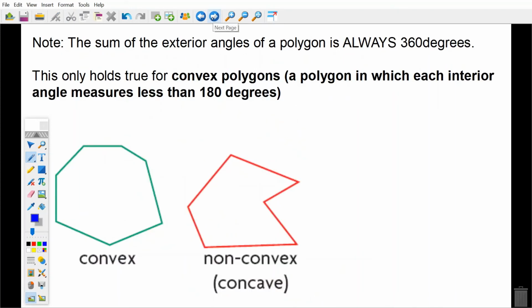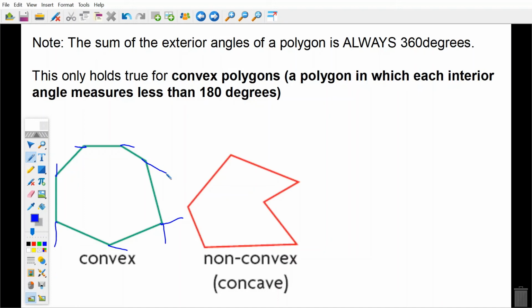The last thing, this is a quick lesson today. The last thing is the sum of the exterior angles on a polygon. The sum of the exterior angles in a polygon is always 360 degrees. And remember, the exterior angles are right here, for example. All the exterior angles, okay? The sum of the exterior angles is always 360 degrees.